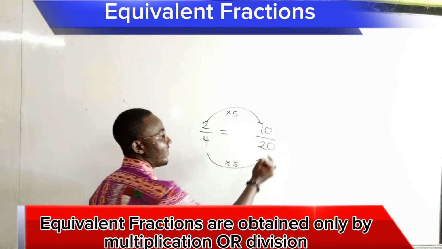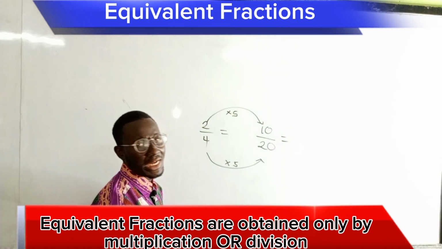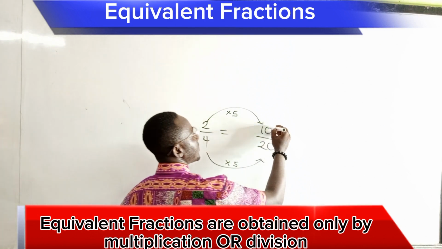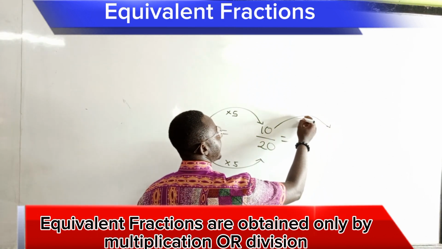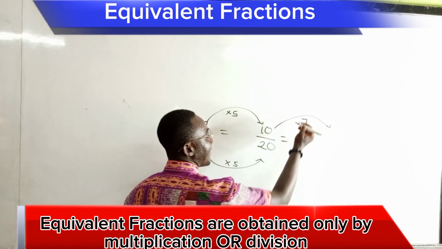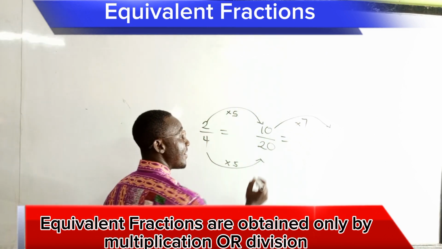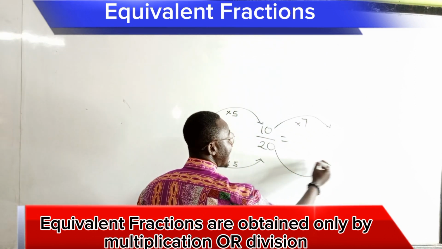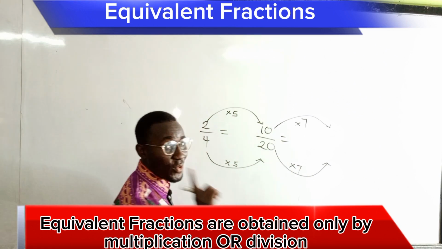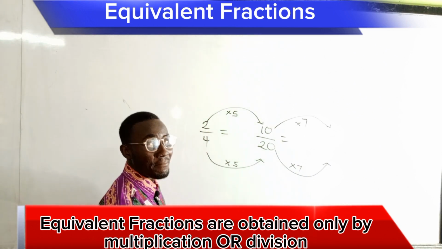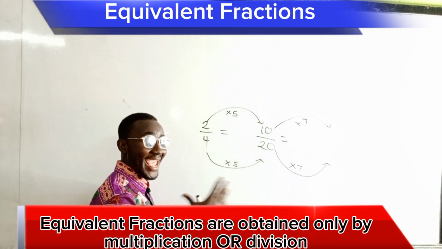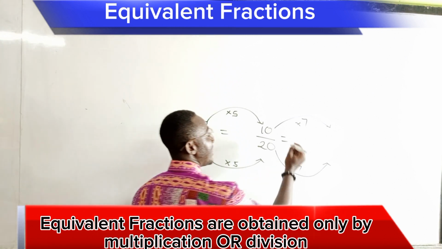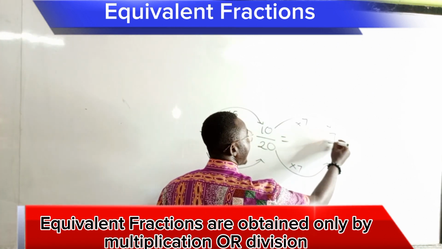Let's look for the next equivalent fraction. We can choose to use another number. Let's use the number 7. Let's multiply it by 7. But if you are using 7, make sure you multiply the denominator also by 7. Remember, use the same number to multiply the numerator and the denominator. So 7 by 10, we are going to get 70.